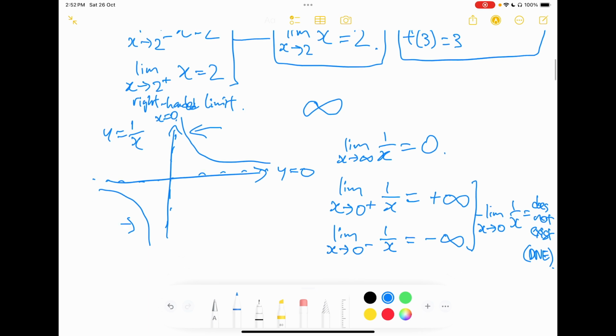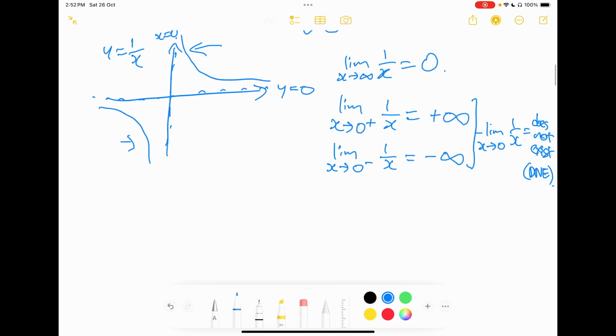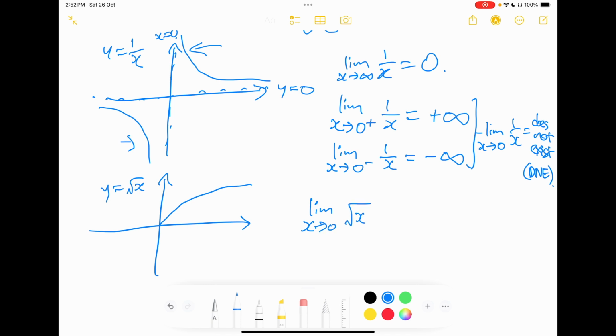There are other examples in which a function's limit does not exist. For example, if we were to take the limit of the function y equals square root x as x approaches 0, you might think that it approaches 0, right? And that would make sense because the right-handed limit approaches 0.